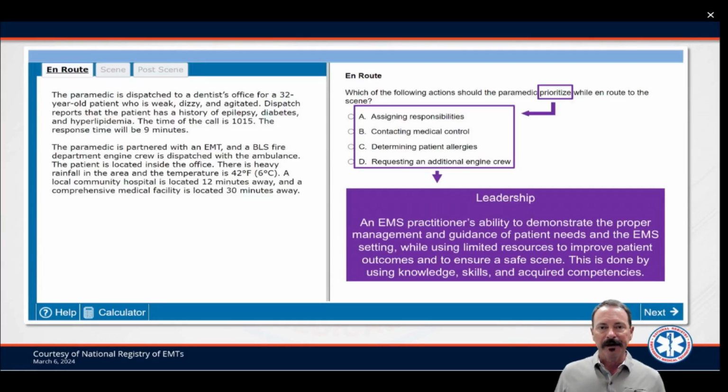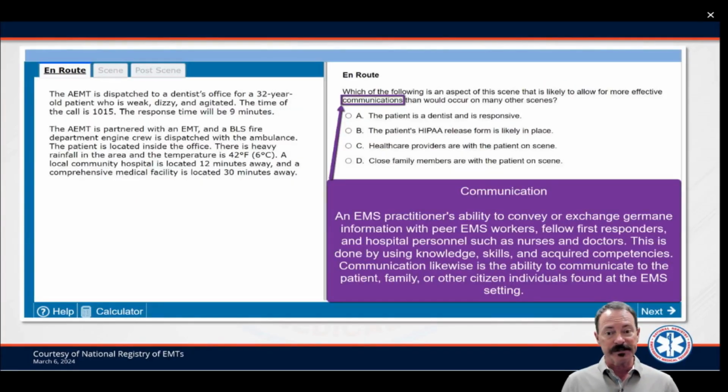Well, it says in there in the information that we already have a BLS crew that is responding to the scene with us. So, right there in the very beginning, assigning responsibilities would probably be your best answer in that situation.